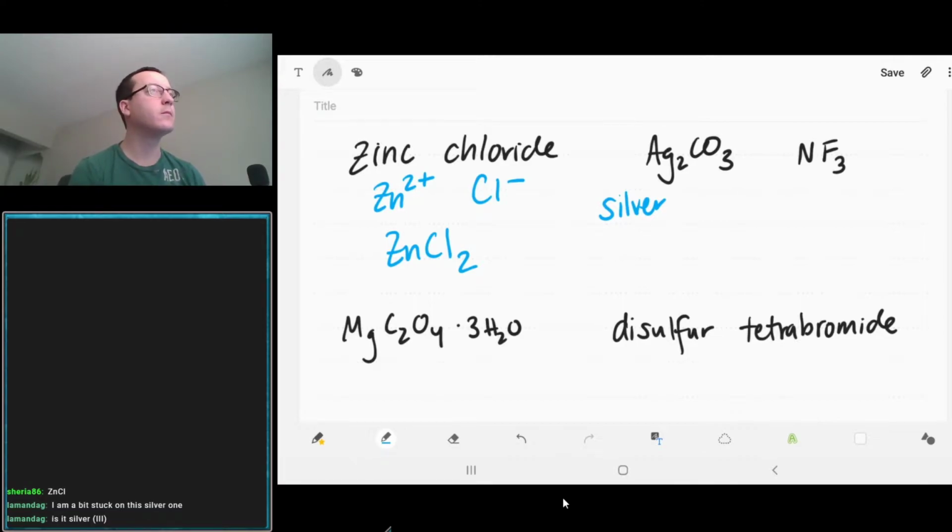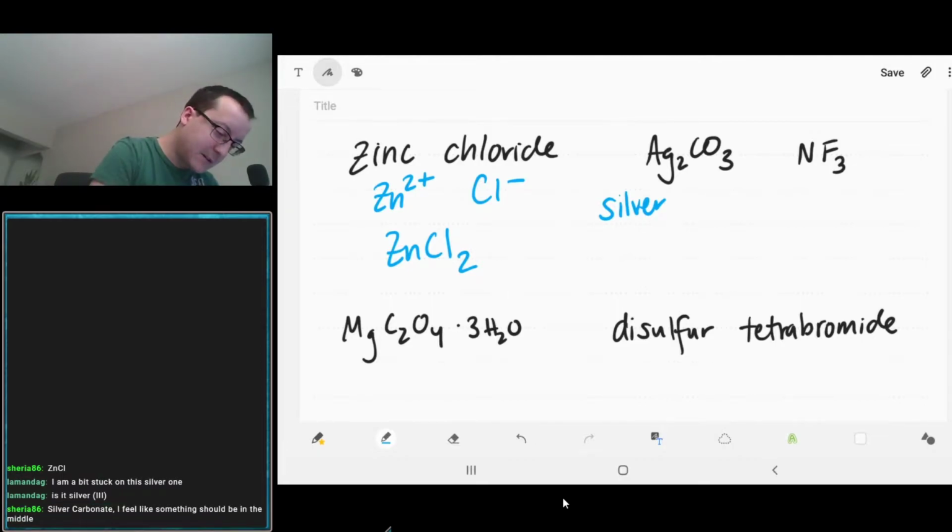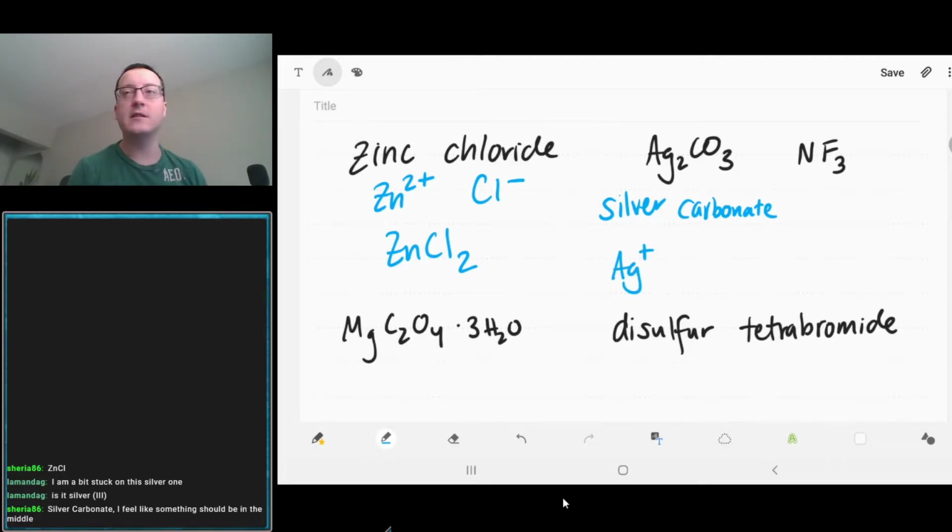No. Sherry has it. So, Lamonda, we have to remember silver also is one of the ones that only has one charge, and that charge happens to be +1.